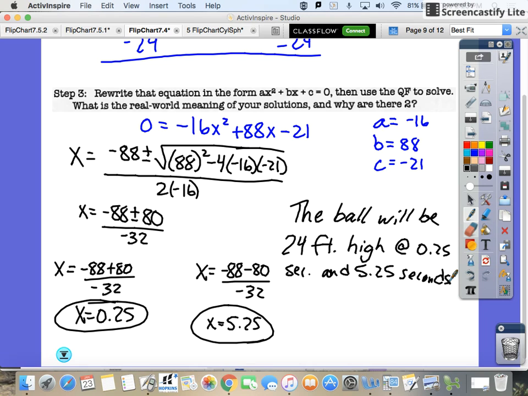It has two solutions because it both rises and falls. So when he hits the ball, it goes up. If this is 24 feet right here, it's going to go up and hit, then it's going to fall back down and it's going to hit again. So those are the two times that it reaches 24 feet.